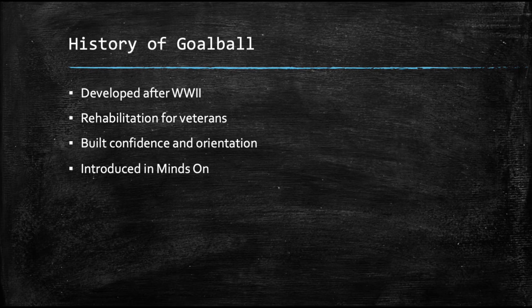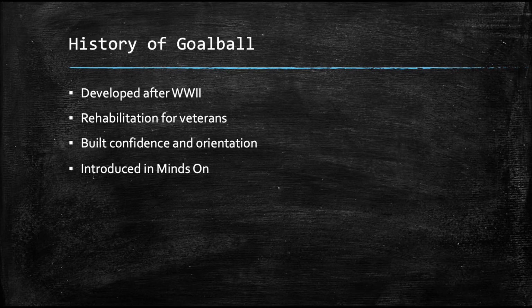Goalball was developed after World War II as a rehabilitation activity for veterans who had acquired visual impairments. It was designed to help them regain physical confidence, independence, and orientation skills. In my lesson plan, this history is introduced during the Minds-On portion of the lesson.